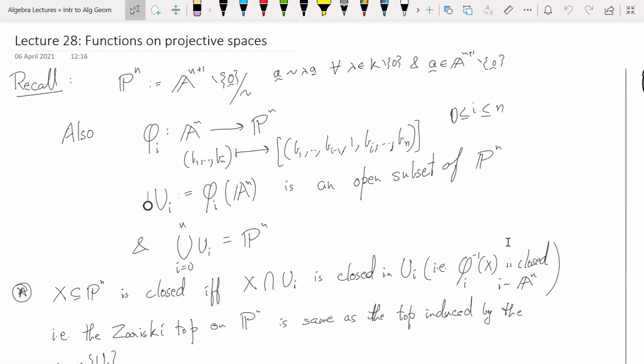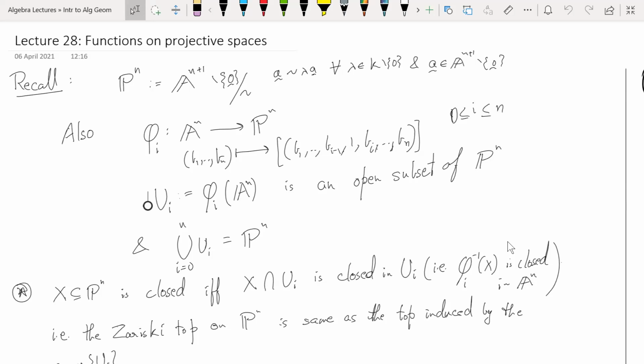We also know that Pn can be covered using affine spaces using these maps phi_i. This we saw when we defined Pn for the first time. So phi_i is a map from An to Pn, which sends an n-tuple b1 to bn to the equivalence class of b1 to b_{i-1}, then 1, then b_i to bn.